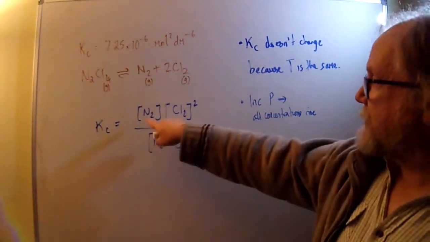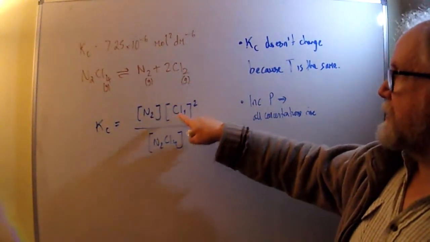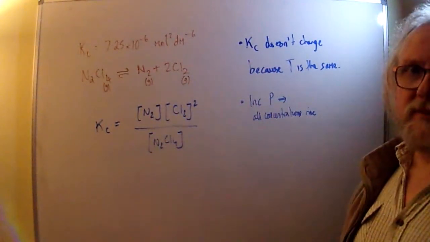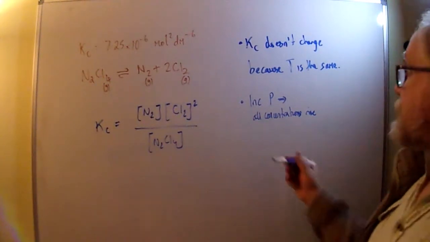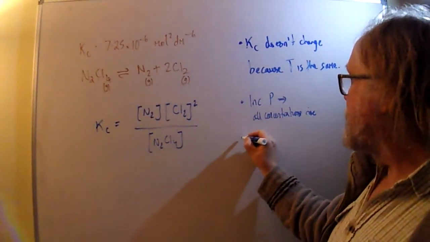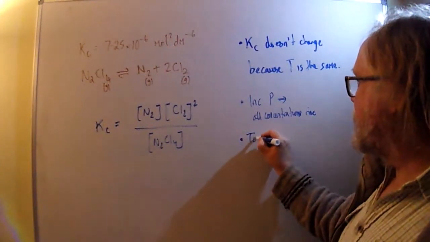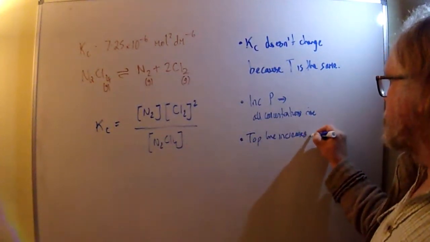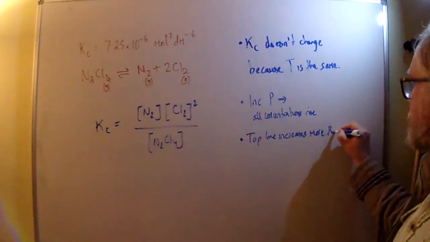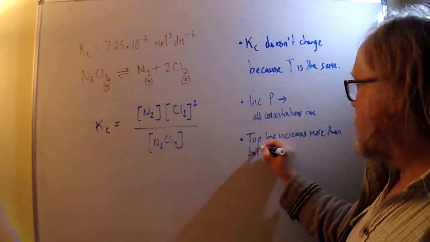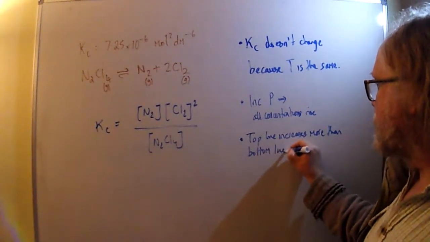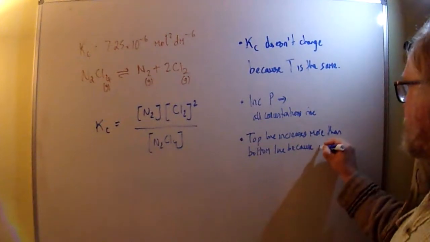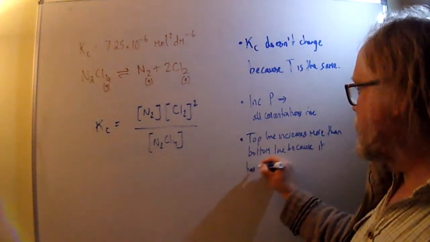The top line would go up times 2 cubed, which is times 2 times 2 times 2, which is times 8 overall, whereas the bottom line would only increase times 2. So that's really important. So we say that the top line increases more than the bottom line because it has a higher power of concentration. Okay, that's just a nice succinct way of making this point.